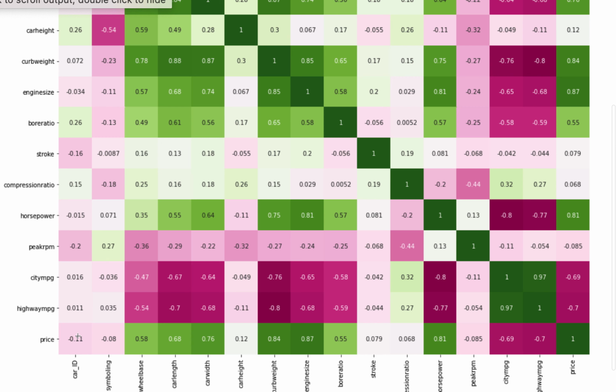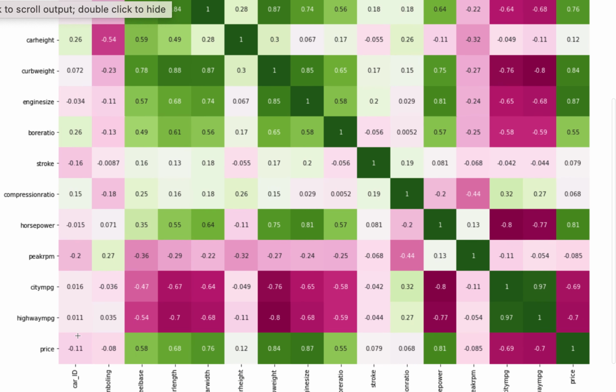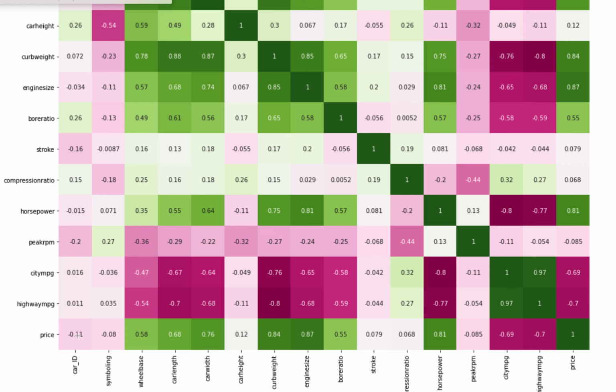If a value is close to 1, that indicates very strongly correlated. If it is close to -1, it indicates very strongly negatively correlated. Positive correlation means that if something is increasing, the other parameter is also increasing proportionately. Negative correlation is the opposite, right?